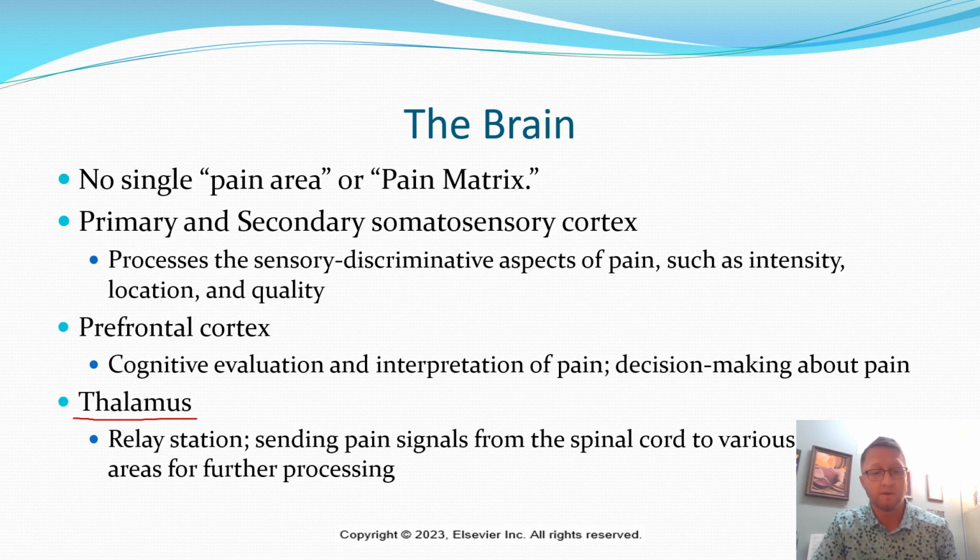So it may come to the thalamus first, and then get sent up to this area, get sent to this area for further processing. But the thalamus is the relay station, right? It's going to make a determination on where to send those pain signals. So if you know that, I'll be very happy for the quiz.